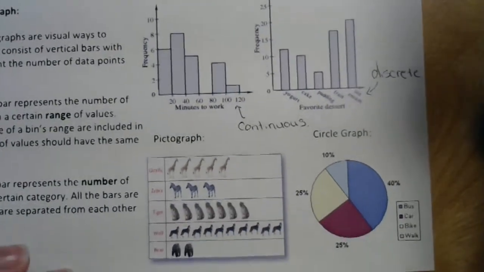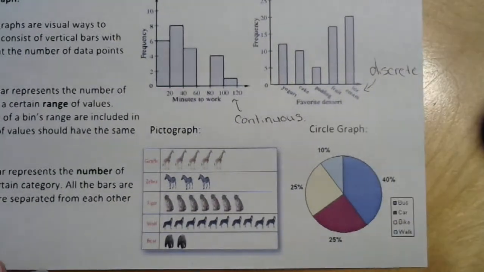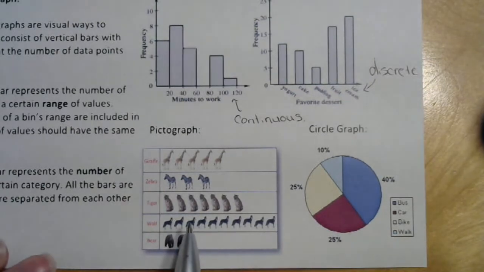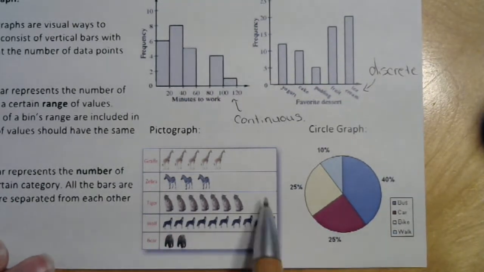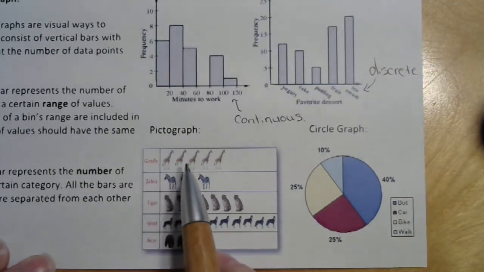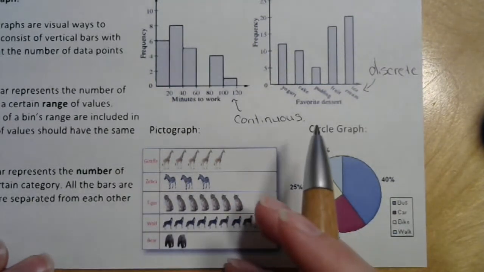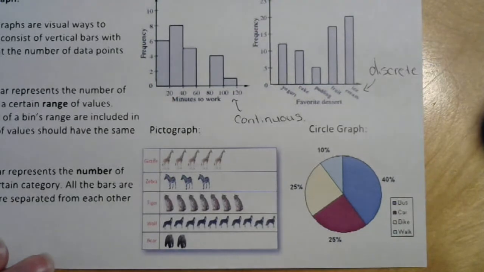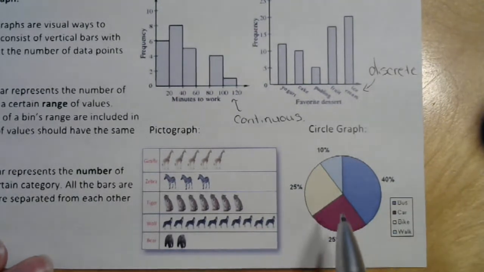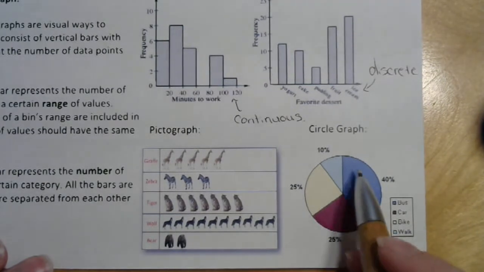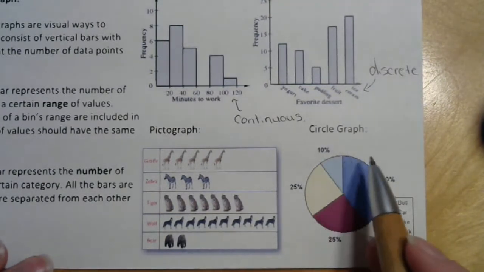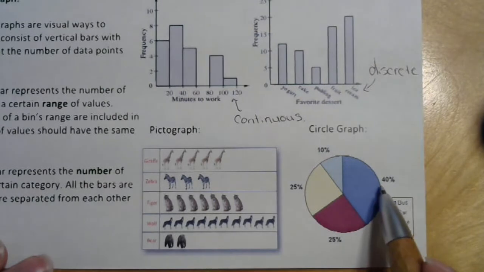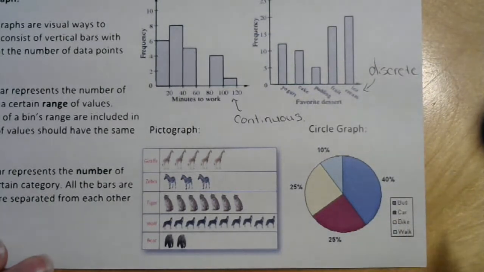A couple other ways we can show one variable data. This is a pictograph, and a pictograph literally says if this is, say, a zoo, each one represents a given number of animals, okay, in this one. In a pie chart or a circle graph, okay, same thing. Typically, whatever section of the pie, the larger the section, it should represent a percentage of something.